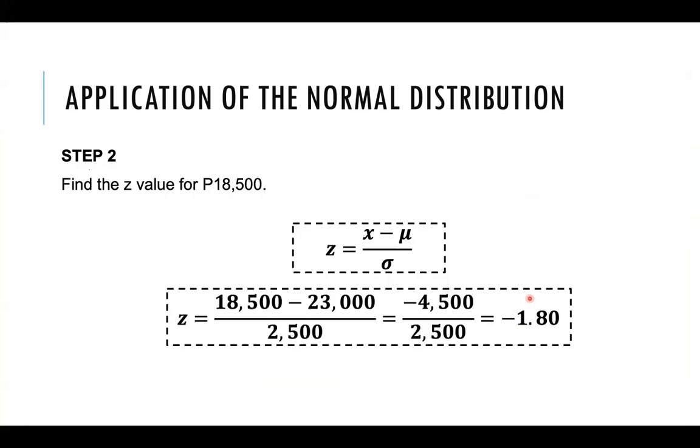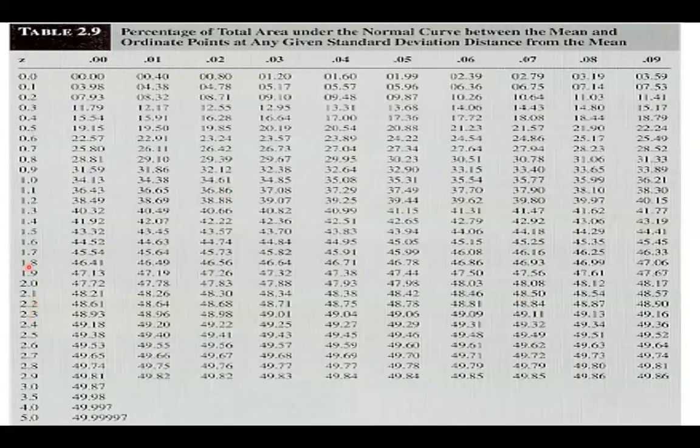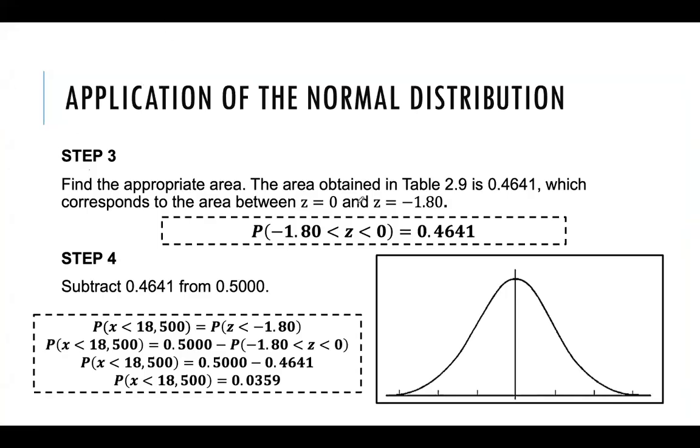Let us check table 2.9 for 1.80. The value is 46.41. So the area obtained in table 2.9 is 0.4641, or 46.41%, which corresponds to the area between the z value of 0 and the z value of negative 1.80.